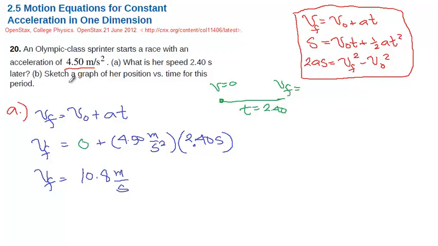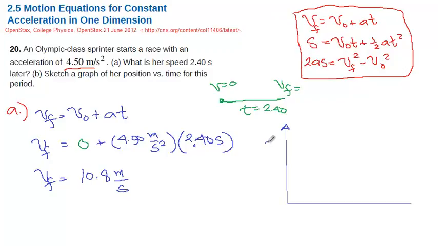Sketch a graph of her position versus time. Okay, so position versus time. Let us try to sketch the graph. Here let me have the time on the abscissa, the x-axis, and the y-axis is position.